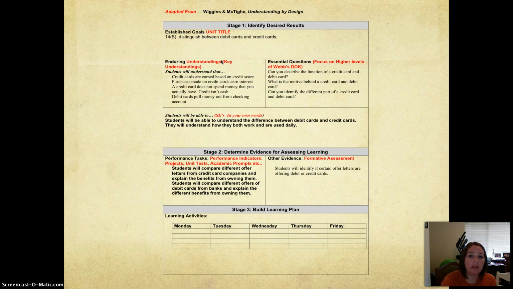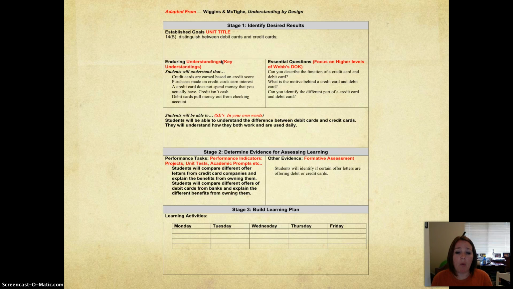This is your weekly lesson plan template. So this is where you're going to do your lesson plans. Notice that you have to start at the top before you can get to the bottom. Backwards design is all about understanding what the end result should be and working your way backwards through it to get to how you're going to plan for the students.